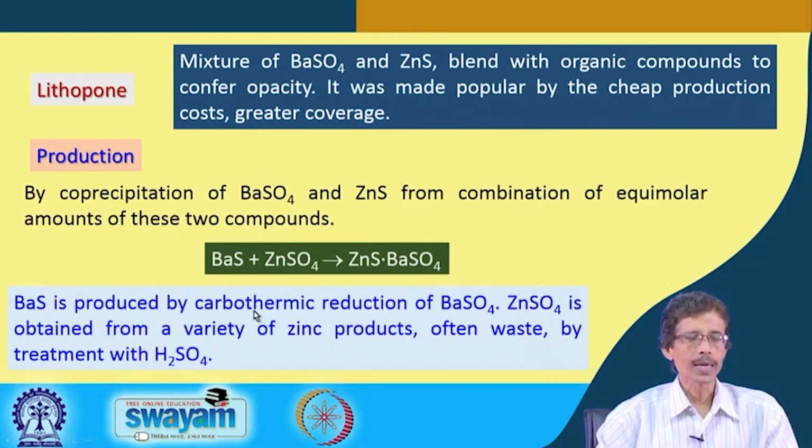The barium sulfide is produced by reduction of barium sulfate, and zinc sulfate is obtained from a variety of zinc products, even zinc metal or different wastes, by treatment with sulfuric acid, which need not be very concentrated, because concentrated sulfuric acid is corrosive and can also oxidize the surface. So it is basically less concentrated, sometimes 1:1 sulfuric acid, which is useful for converting any metallic zinc scrap to zinc sulfate.